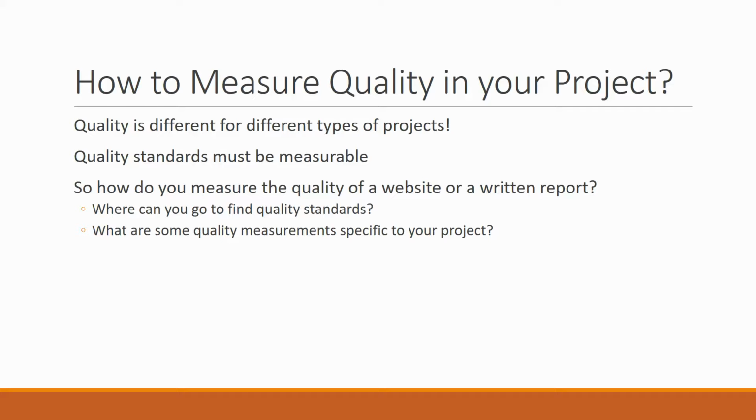There are a number of measurements. Again, we need to be able to measure to make sure that the quality standard has been met. So I want you to think about what are some of the quality measurements that are going to be specific for your project and where can you go to find those specific standards.